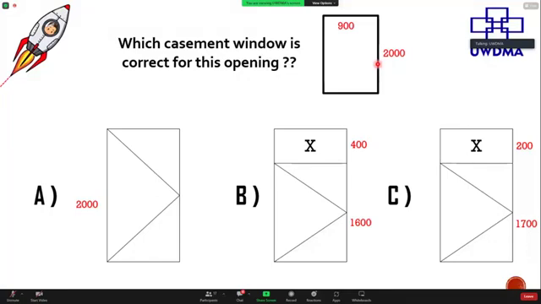Otherwise, we'll give a top fix. So for this, it's a big no. It's a casement window and it's 2000, until your system provider says you can give it. And here we are talking in a normal context. So we are not going with option A.